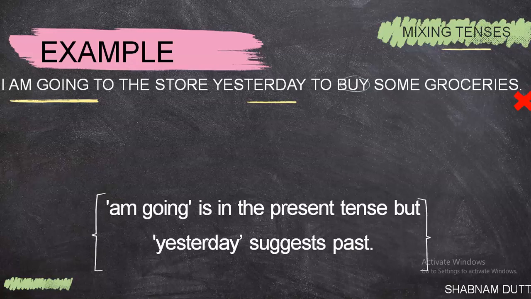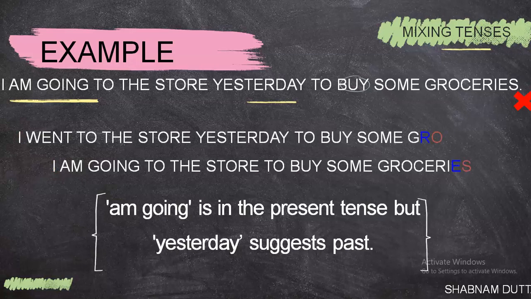So the correct sentence would be, either "I went to the store yesterday to buy some groceries," where both the word "went" and the adverb of time "yesterday" suggest past, or "I am going to the store to buy some groceries," where "am going" and "buy" suggest present tense. Got it? Okay.